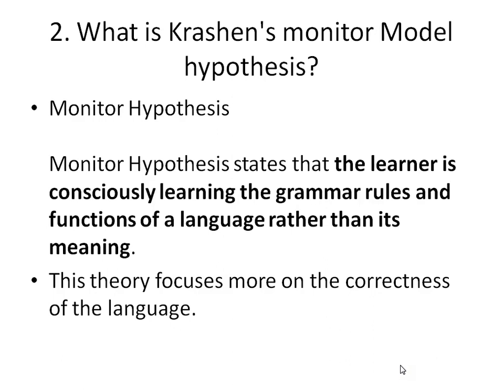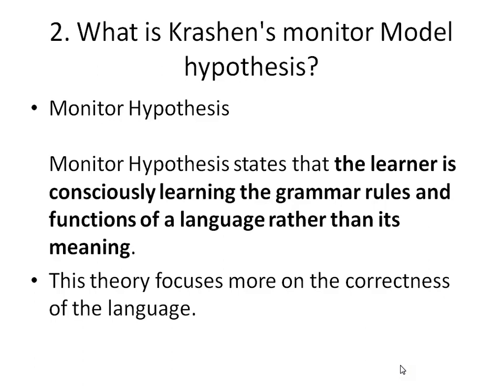And the second one is the monitor hypothesis. The learner is consciously learning the grammar rules and functions of the language rather than its meaning. Actually, as I have said, whenever you are asked to deliver something in front of an audience, you naturally try to monitor. You will be editing your language, consciously trying to monitor your grammatical rules and the language rules at the time of delivering lectures or writing something.